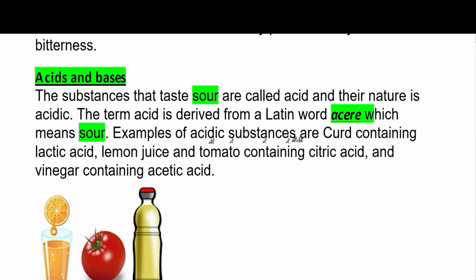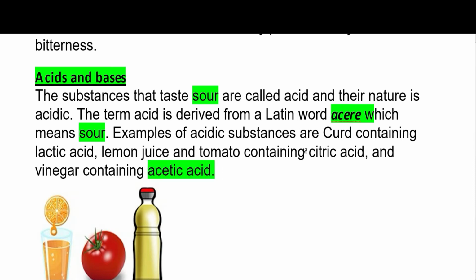Examples of acidic substances are curd containing lactic acid, lemon juice and tomato containing citric acid, and vinegar containing acetic acid. These are the examples of acids.